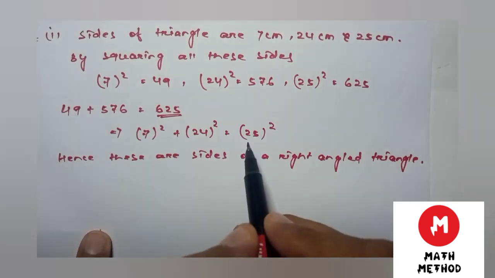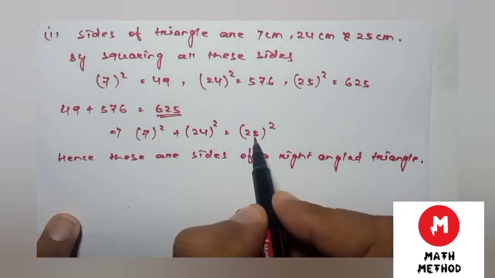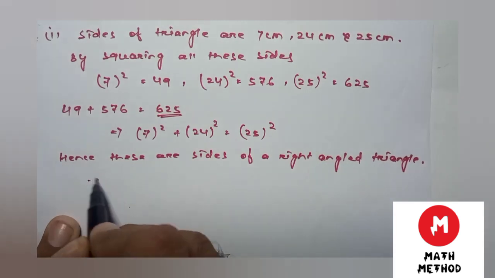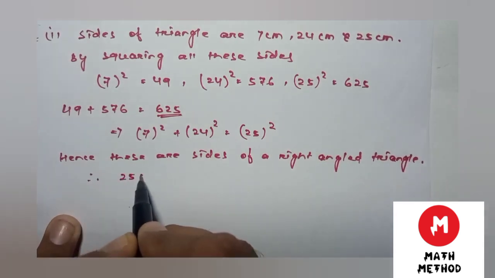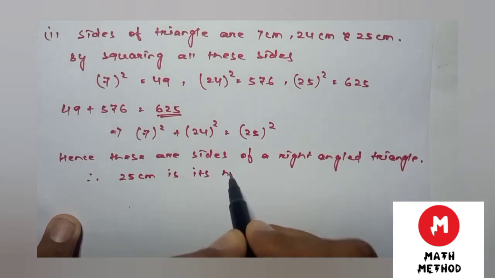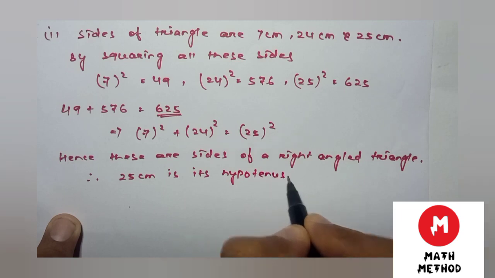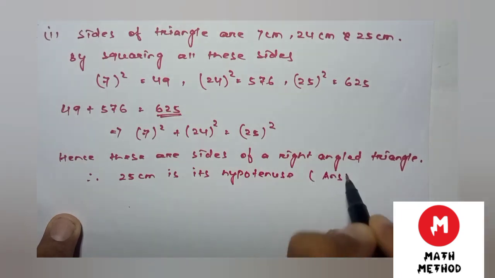The bigger side is the hypotenuse, therefore 25 is the hypotenuse, because 25 is the longest side. So 25 centimeter is its hypotenuse. This is our answer.